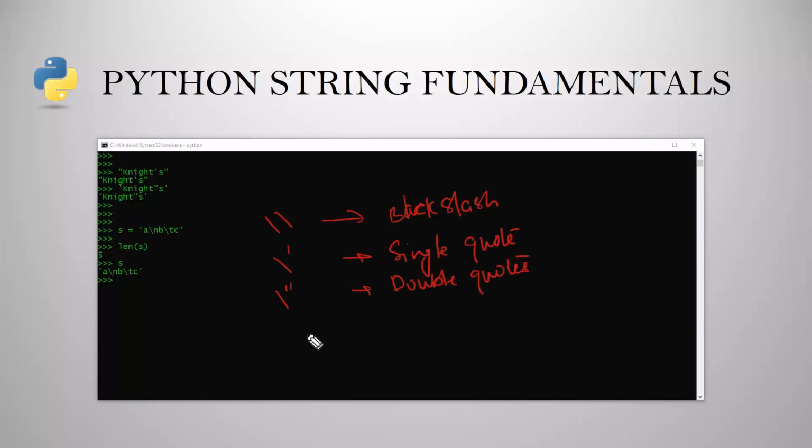Then backslash a is a bell sound. If you want to introduce a bell sound in your code, you can use backslash a. Backslash b is a backspace.